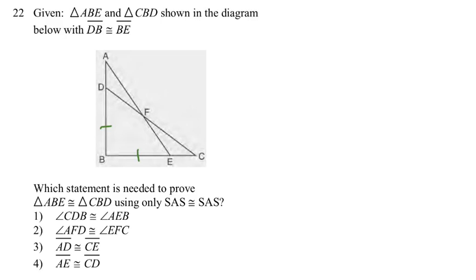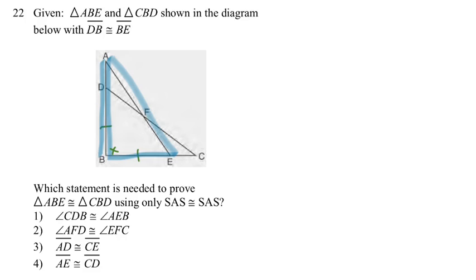Now, you want to have number 22, that highlighted triangle and its counterpart has to be proven congruent. So then what are we going to do? We realize one part, which is BE, and then DB congruent.